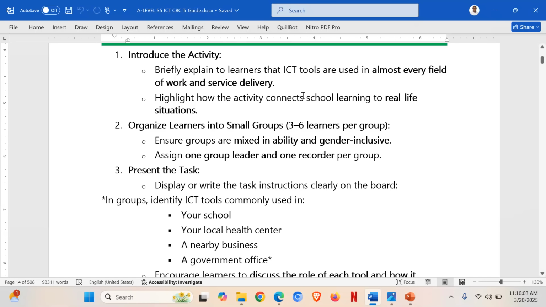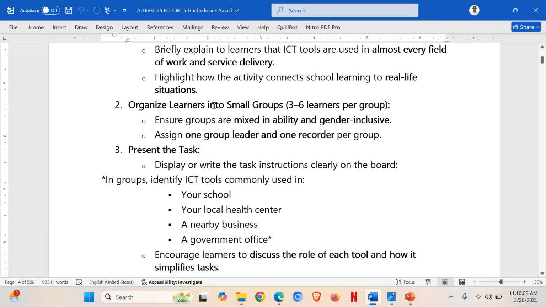You highlight how the activity connects school learning to real life situations. Organize learners into small groups, 2 to 6 learners per group. Ensure groups are mixed in ability and gender inclusive. But if it is a single school, no problem. Assign one group leader and one recorder per group.